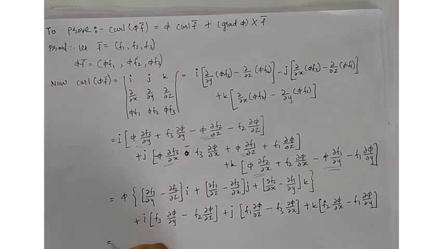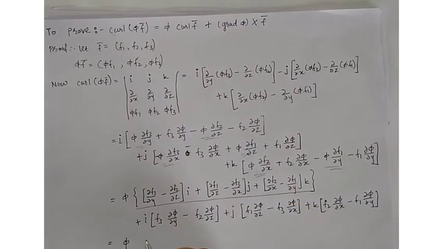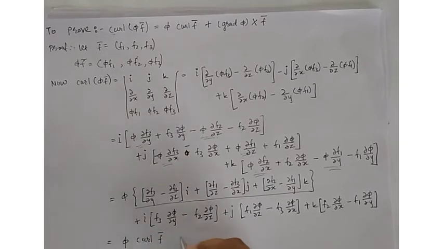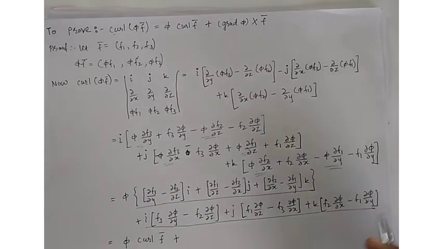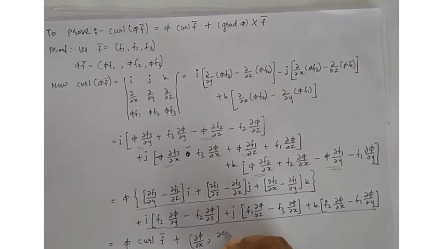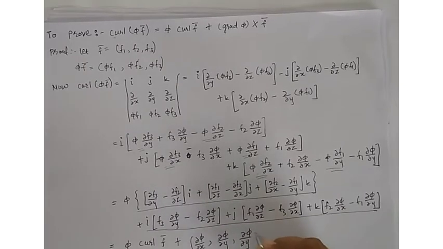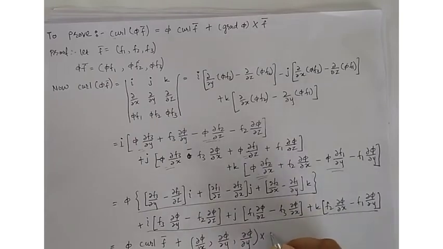So this is φ, and this is the definition of curl f bar. So φ curl f bar plus, this is the definition of del φ by del x, comma del φ by del y, comma del φ by del z, cross product with f1, f2, f3.